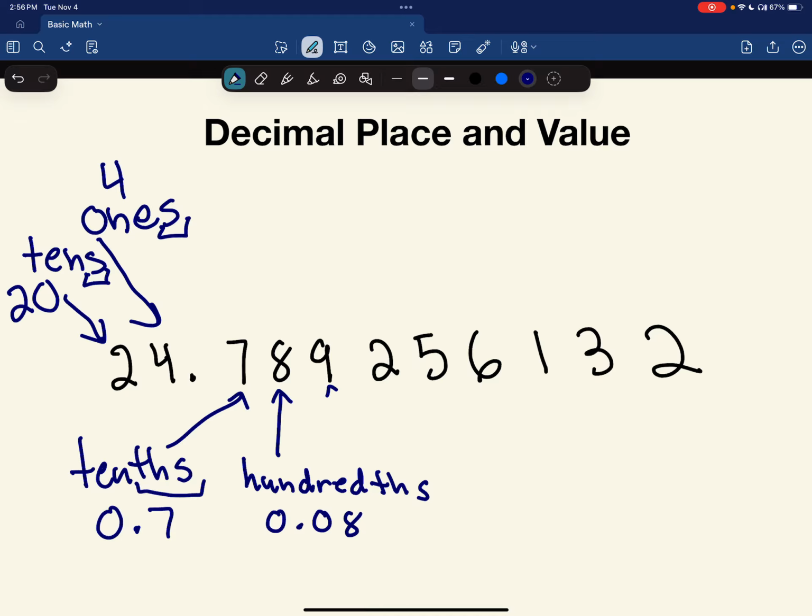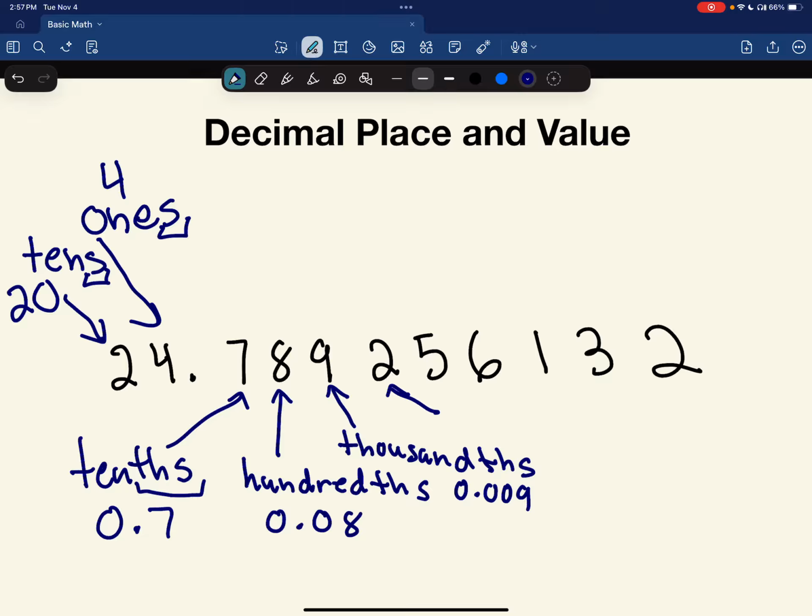Now let's go to the next digit, 9. This is in the thousandths place. And it has a value of 0.009. Again, notice the digits 7 and 8 became zeros, right? So any digit between the decimal point and 9 will become zeros.